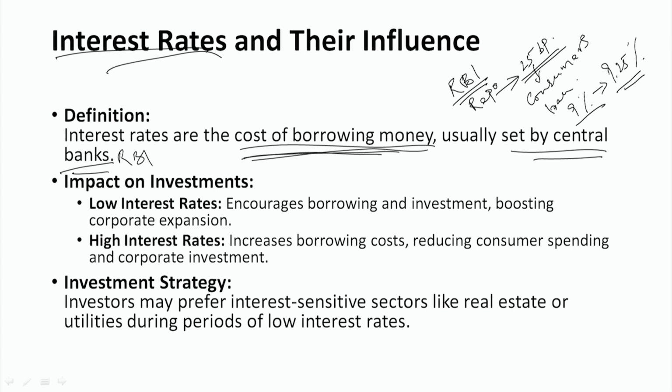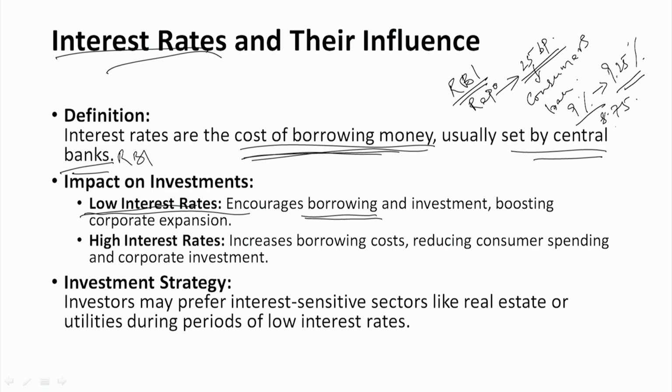Okay. Now let us look into the conditions where the interest rate is lowered, that is from 9% to 8.75%. What will happen when the interest rate decreases? Automatically, borrowing increases.